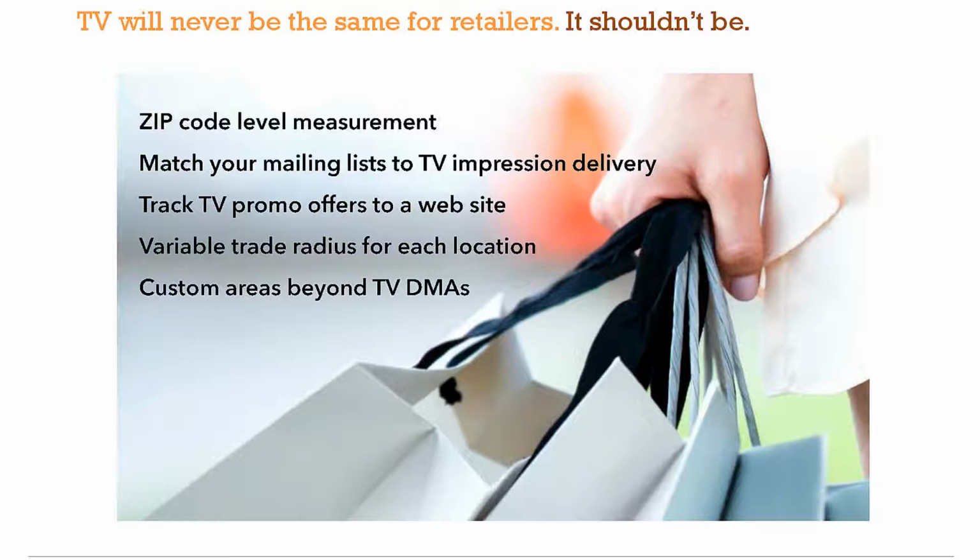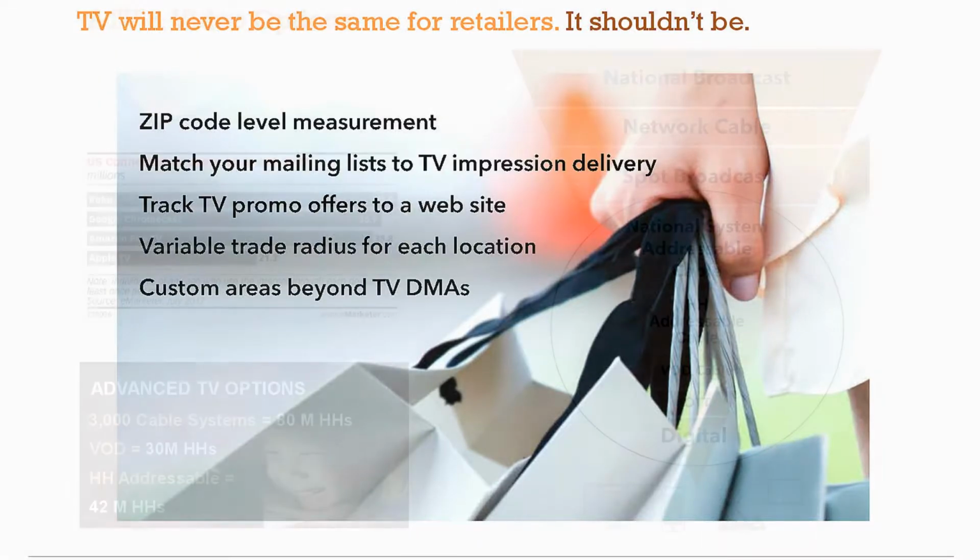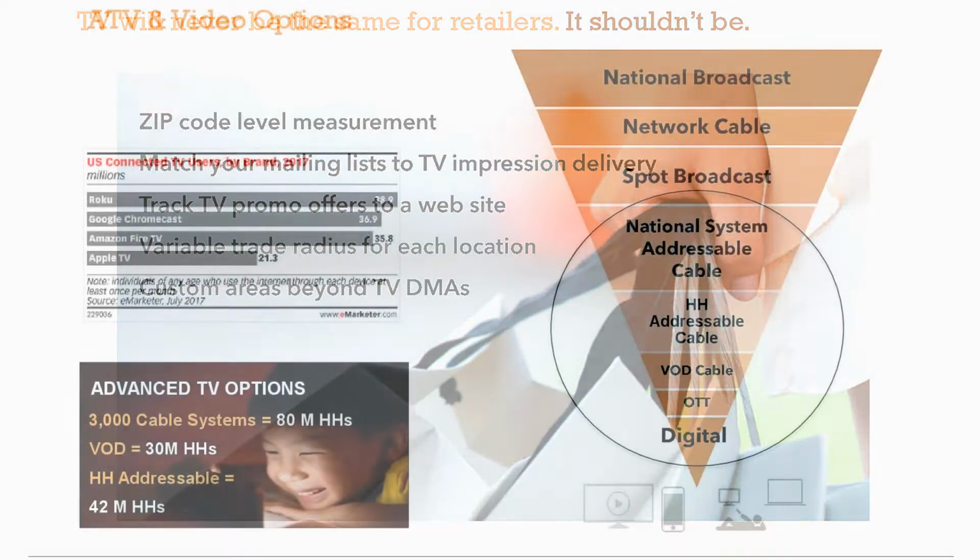Geofence trading areas around each of your locations, they're all measurable, and the impressions that fall outside of those areas don't count in my book. And to have the ability to target custom areas well below the DMA, like counties, cities, and other regions. Well, all of that can be done right now.